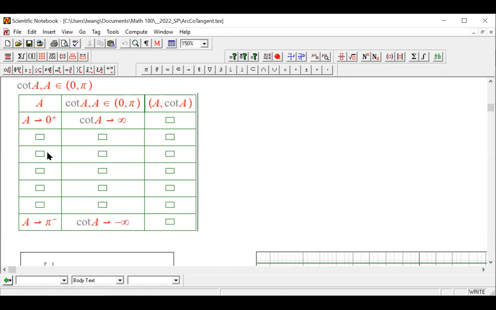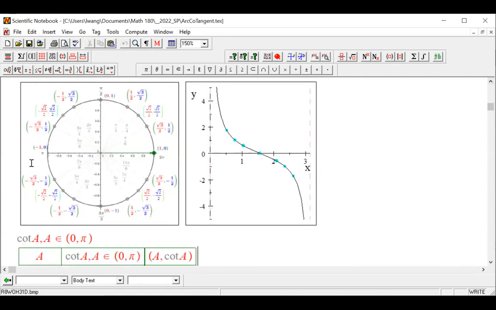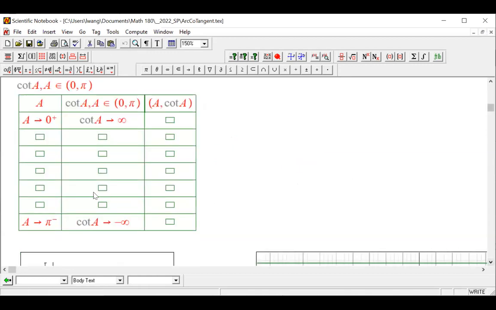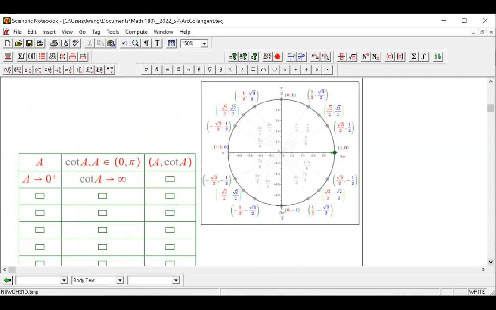There are a lot of special points in between, so we can work it out. In order to do that, I'm going to bring the unit circle with us and put it right here.